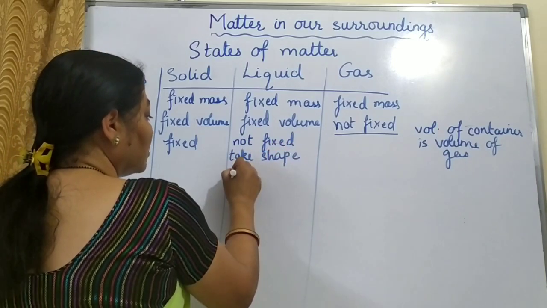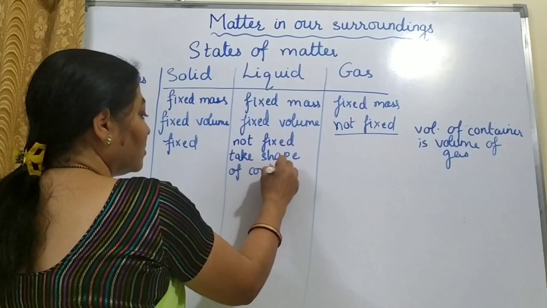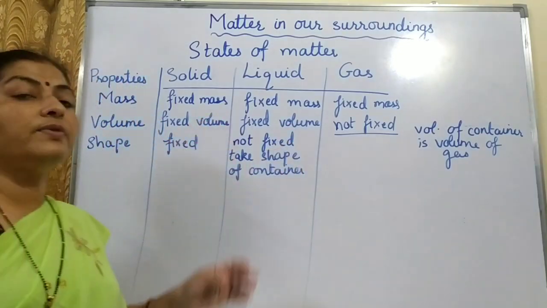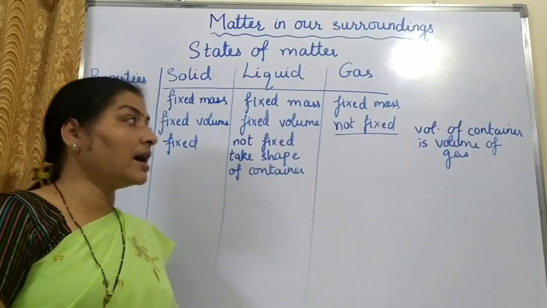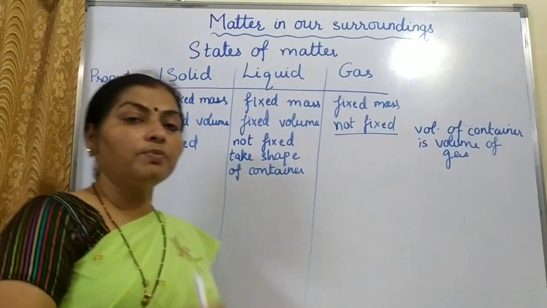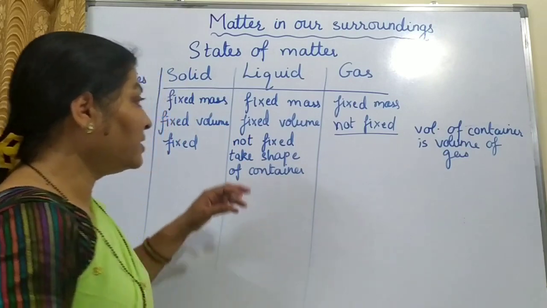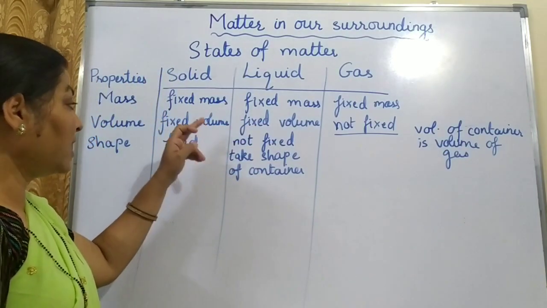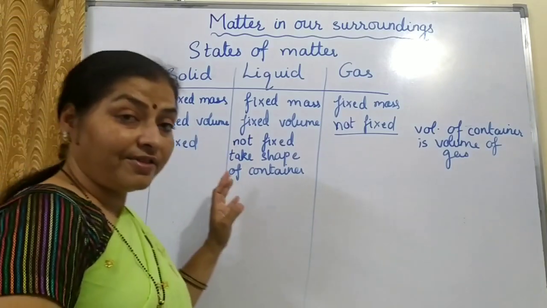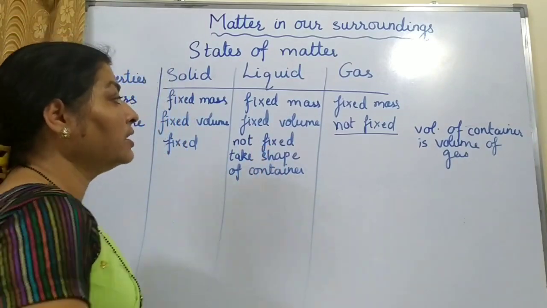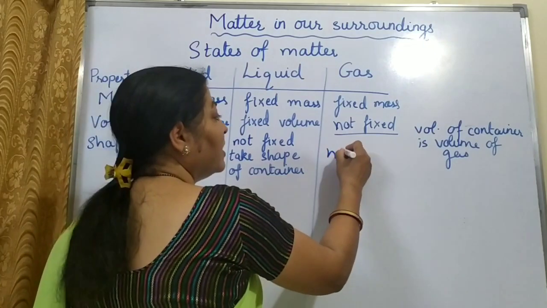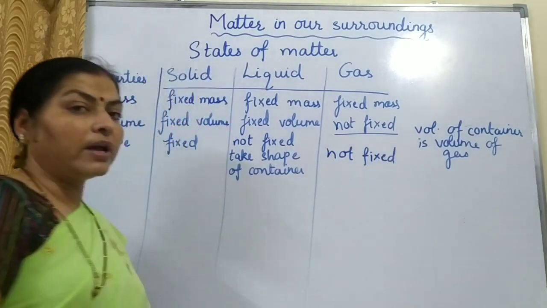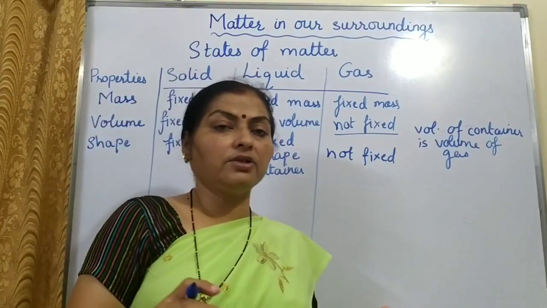All these things we'll see with a series of activities after this explanation. I am going to put some videos where you will understand that liquids have a fixed volume, and that liquids do not have a fixed shape but they take the shape of a container. Gases also, they don't have any fixed shape. So gases will not take any shape actually.